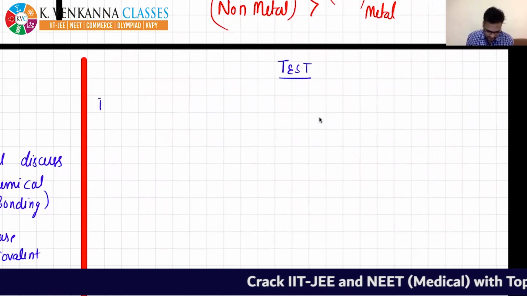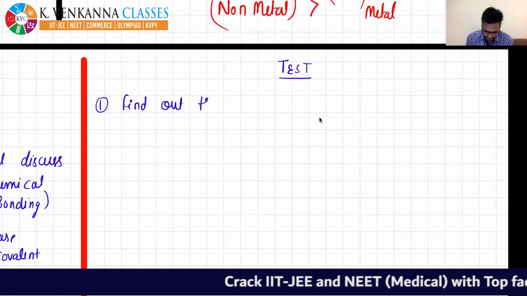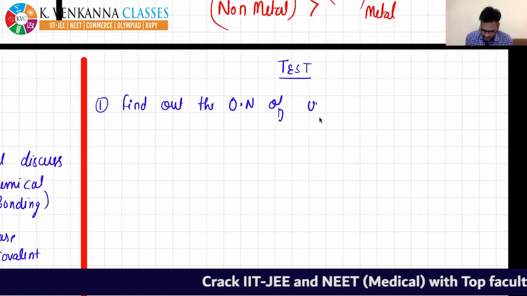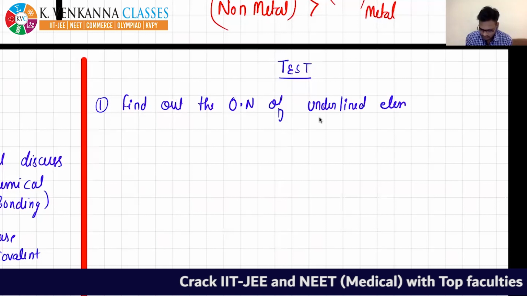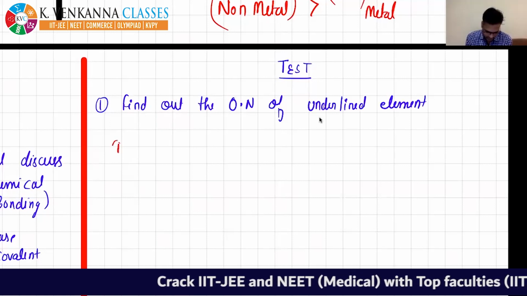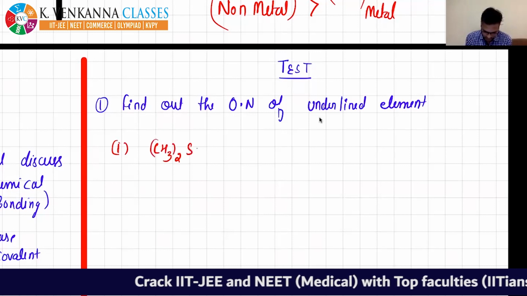So the first question is, find out the oxidation number of the underlined element, right? The first one is CS3 twice SO.